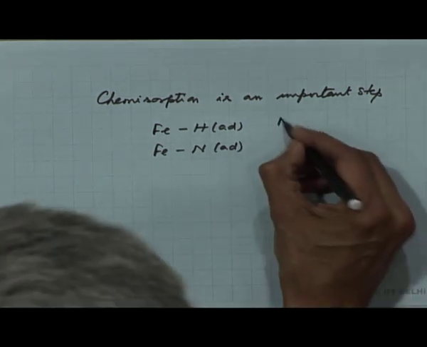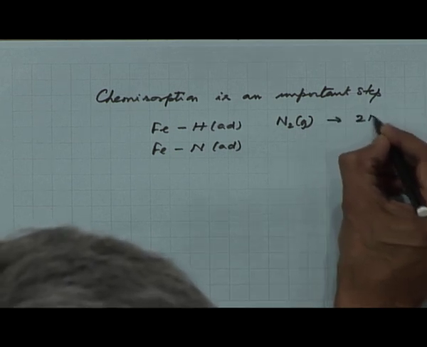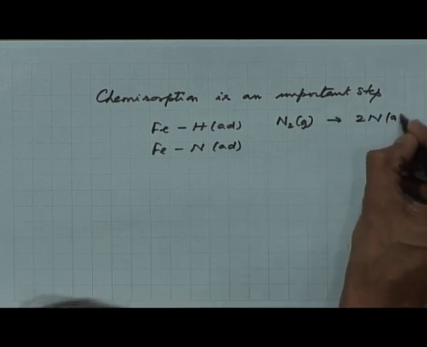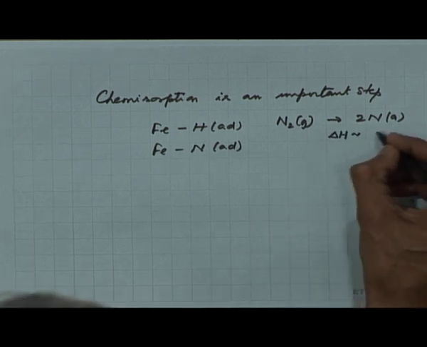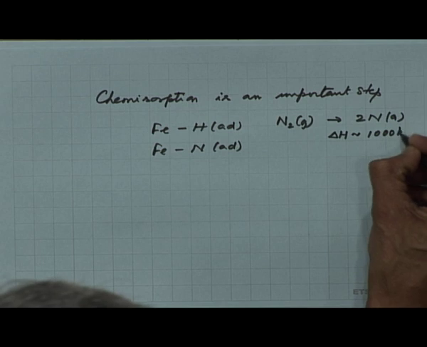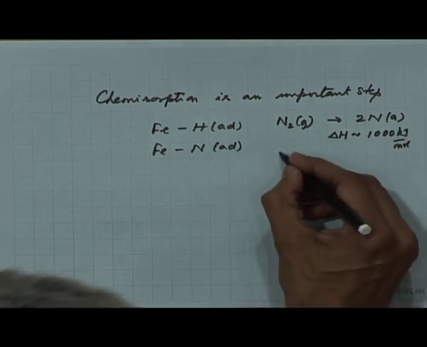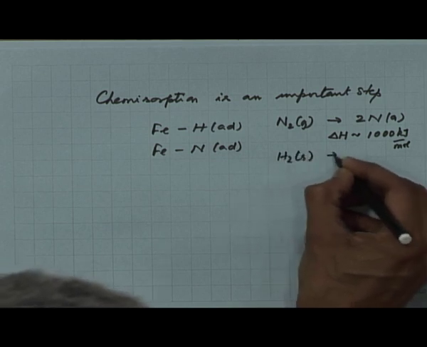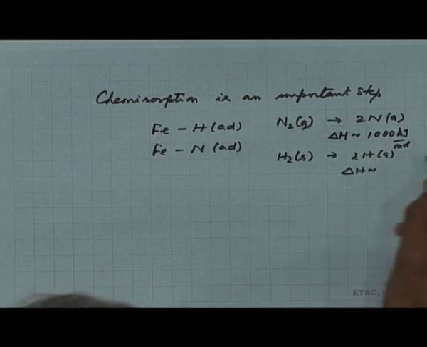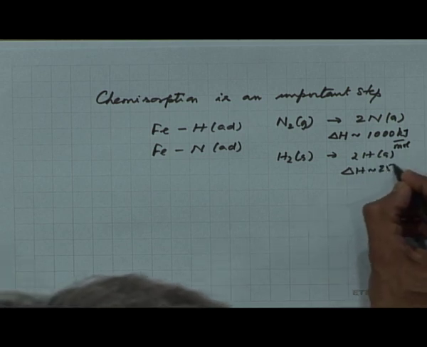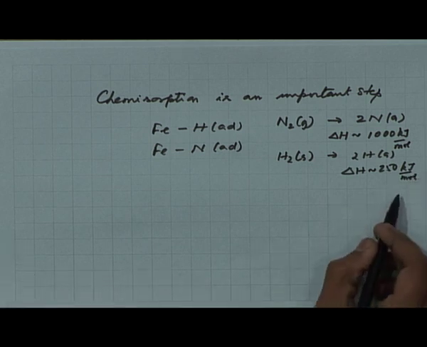If you take nitrogen gas and you want to get two nitrogen atoms in the gas phase, this delta H is of the order of around 1000 kilojoules per mole, and for hydrogen gas this is also very high, around 250 kilojoules per mole, maybe even bigger than this.